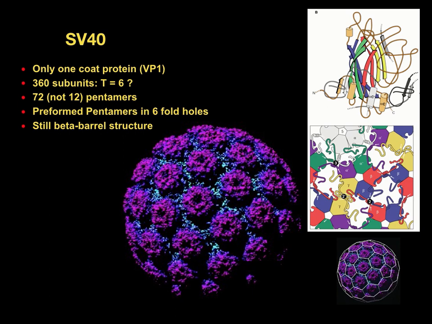What this virus is doing is fitting pentamers where we should have hexamers. So this is what it would look like. We would have pentamers here, here, and here, but these hexagons actually contain pentamers.